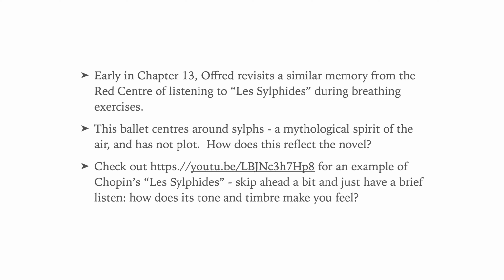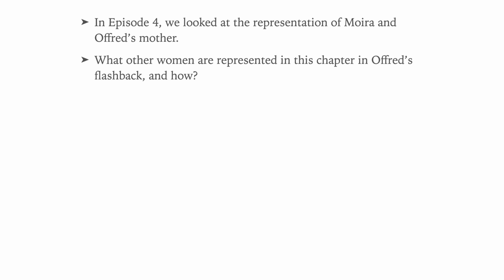Does it reflect the way that the regime indoctrinates? In episode 4 we looked at the representation of Moira and Offred's mother. What other women are represented in this chapter in Offred's flashback, and how are they represented?